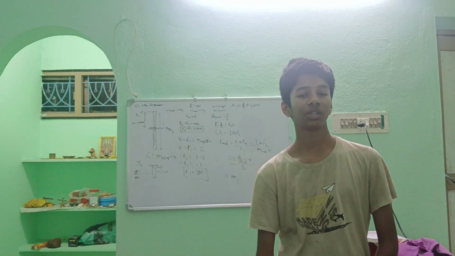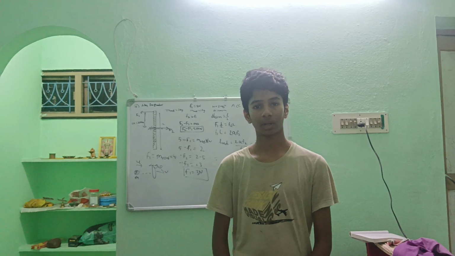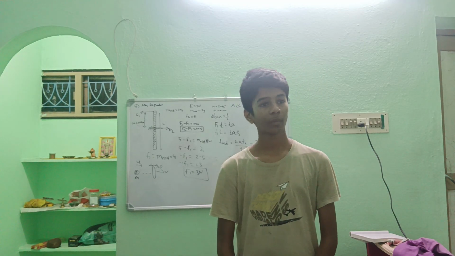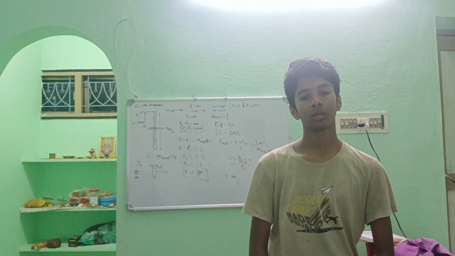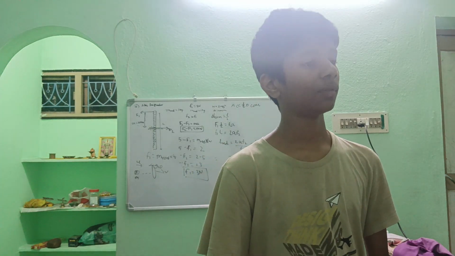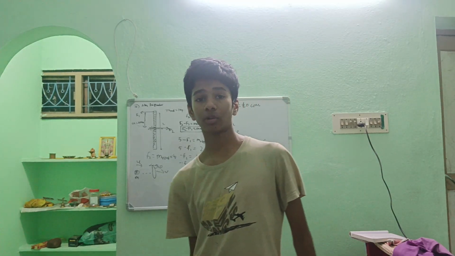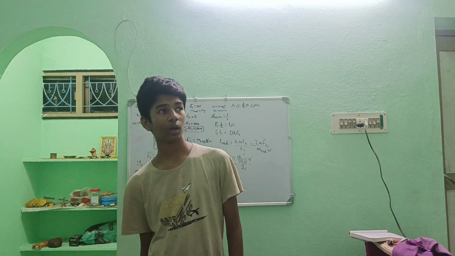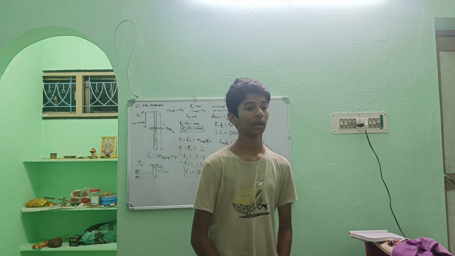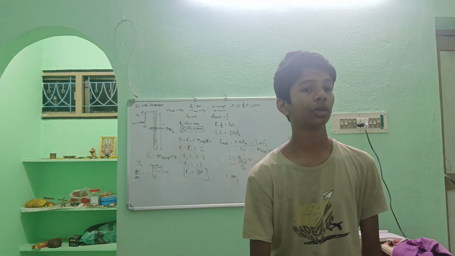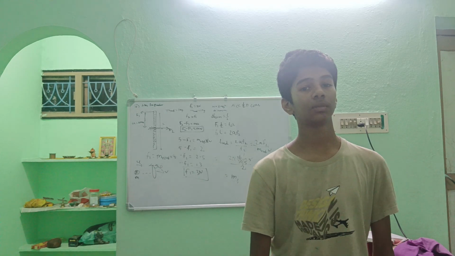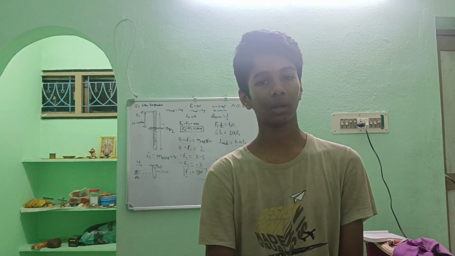Differentiation, integration, vectors. If you solve these questions on your own, for each chapter you can do at least 40 or 50 questions. But in parabola, vectors and functions, you need deeper conceptual basics.